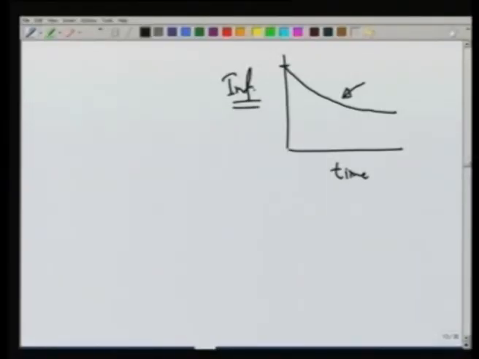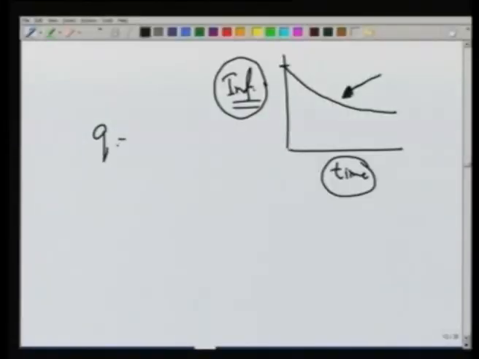The other thing may be that as the soil gets more and more moisture, its capacity to infiltrate will also be reducing. So, we should be able to predict this infiltration rate variation with time, that is this curve, so as to know how much water will be lost in infiltration.